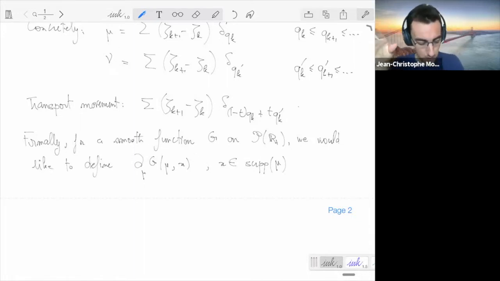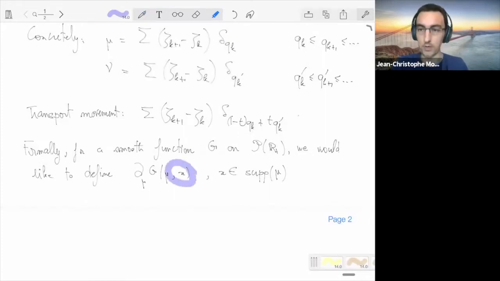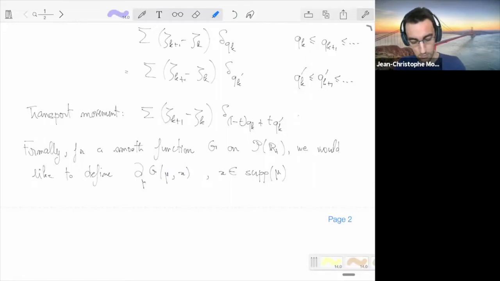So in general, I think about trying to capture what happens when I move these Diracs. But for a general measure, I'm going to record what happens when I move some point in the support of the measure. Okay, so this x is here to record where I'm doing the movement.